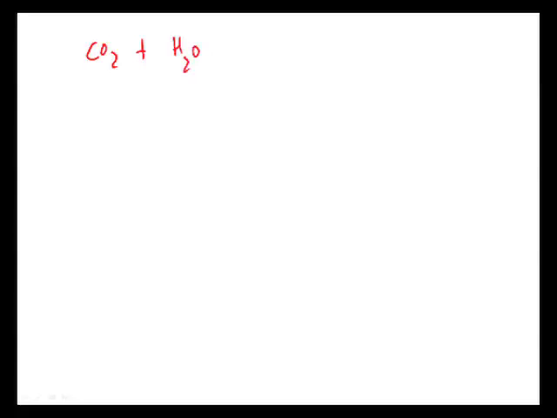Carbon dioxide and water equals oxygen and glucose. And where is the energy coming from to rearrange the molecular bonds between carbon dioxide and water to produce the glucose? That takes energy. From the sun.